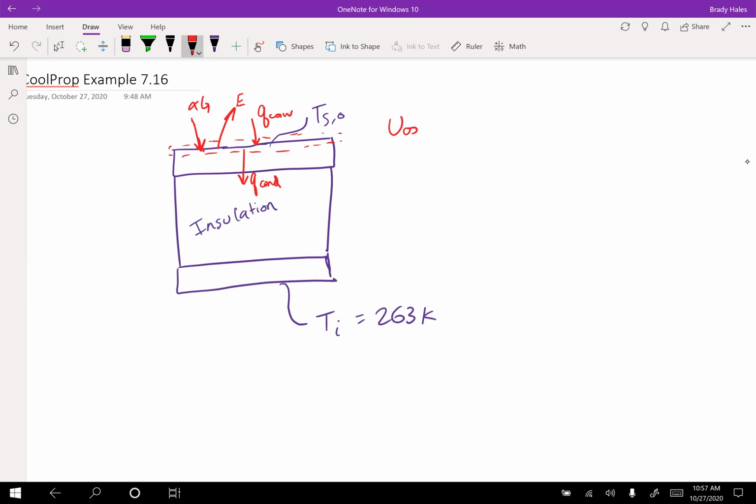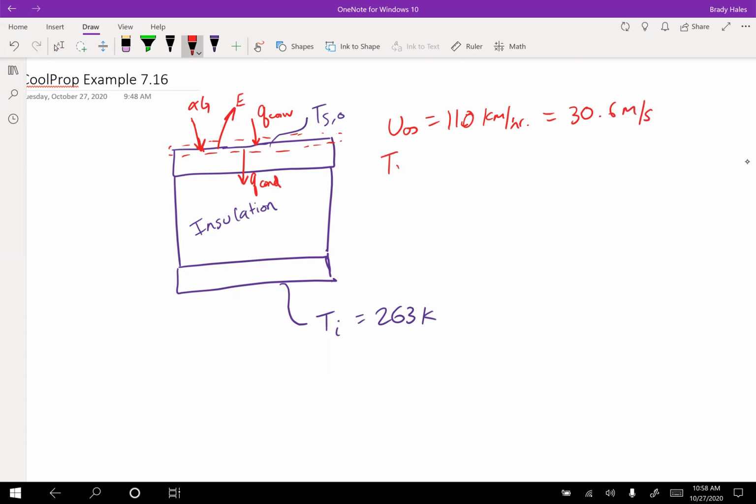So we know U infinity is equal to 110 kilometers per hour, which is equal to 30.6 meters per second.